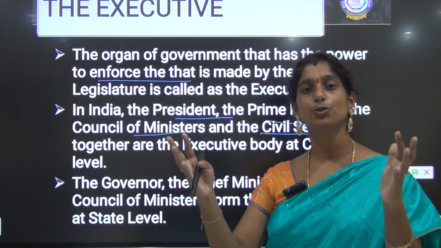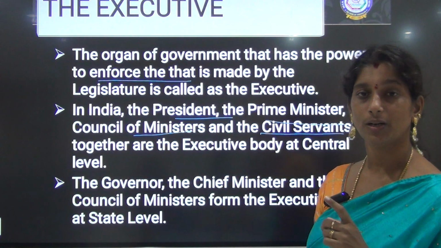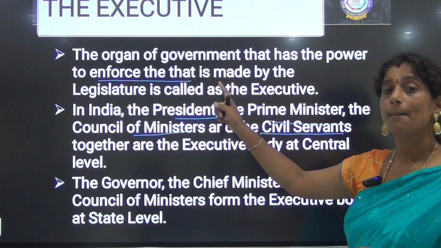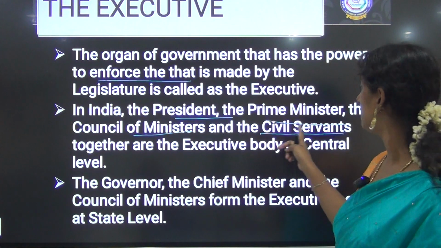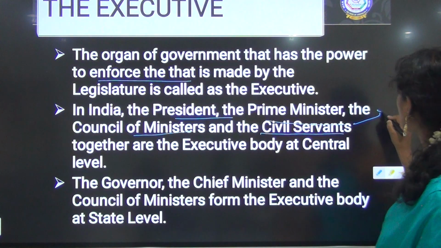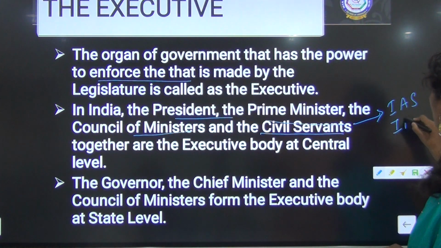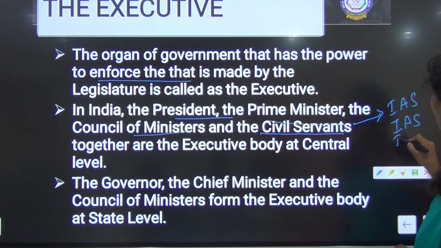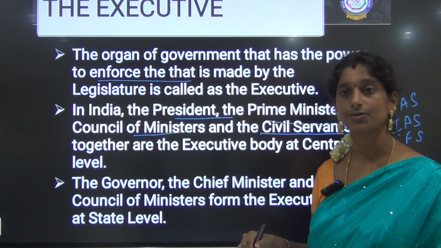All these people together form the executive body at central government. Civil servants are the people in IAS, IPS, IFS. There are many civil servants all over the country.